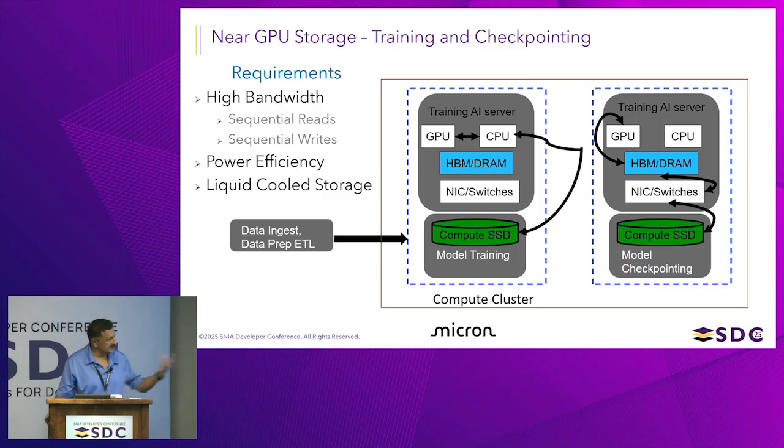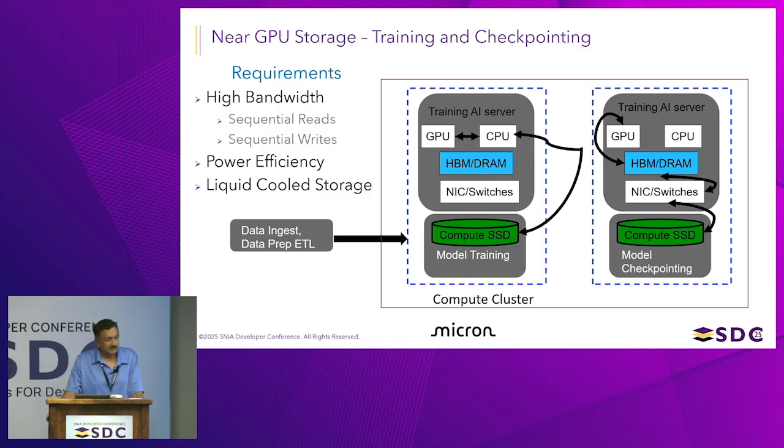So there's an ingest phase, and then after that you've got the data sets being fed to the GPUs for training. And the second use case is the more common use case during training, when you're doing checkpointing, where the model state, the optimizer states, and the model parameters all have to be saved to storage at some point.